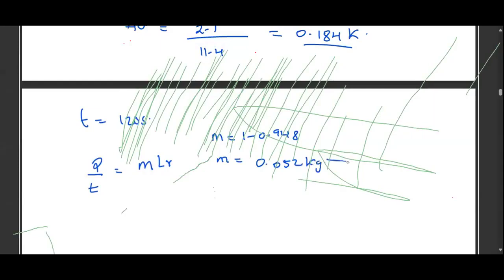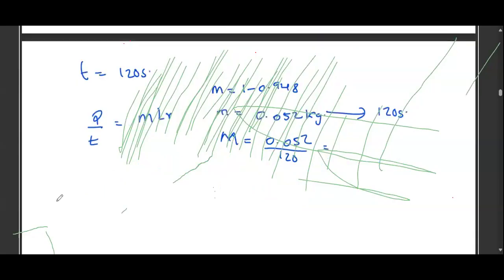But this mass evaporated in 120 seconds. So we can find the mass that evaporates per second by saying 0.052 divided by time.